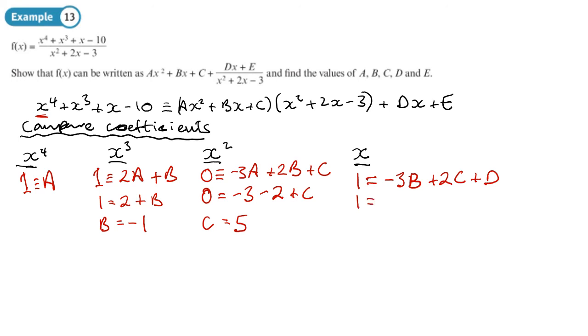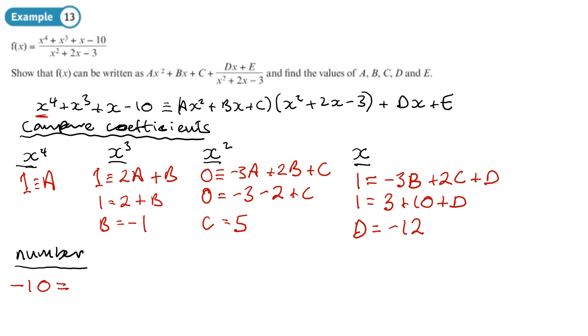Right, b is negative 1, c is 5. We want to find d, so we'll take away 13 from both sides. So that means d equals negative 12. And then last of all, we'll look at the number terms. On the left hand side, I have negative 10. Now what am I going to get for number terms?